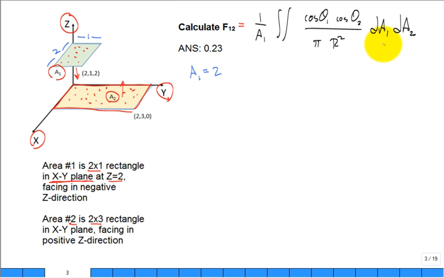So if I was going to integrate over A1, I would bust it into maybe an integral of dx1 dy1. And then I would integrate over A2, dx2 dy2.